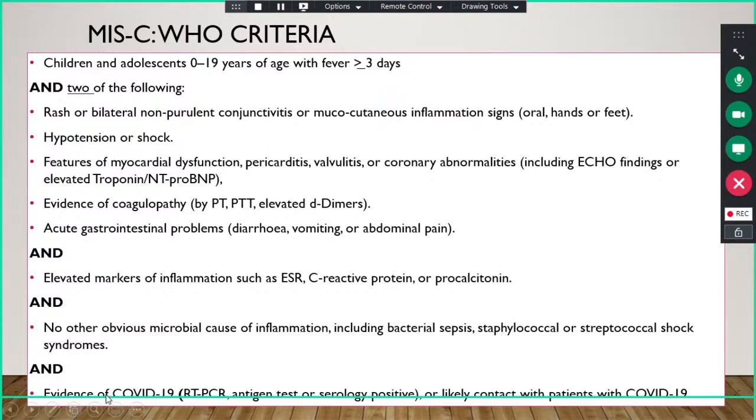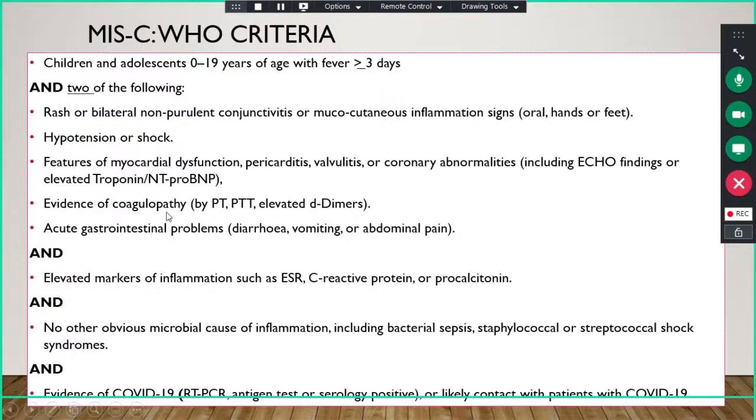And evidence of COVID-19 infection, either there was a documented RT-PCR positive in past 6 to 8 weeks, or there is a contact with patient with the COVID-19, or we could document that yes, RT-PCR is negative, but the child is having antibodies against COVID-19 positive, suggesting that he got infected in past.